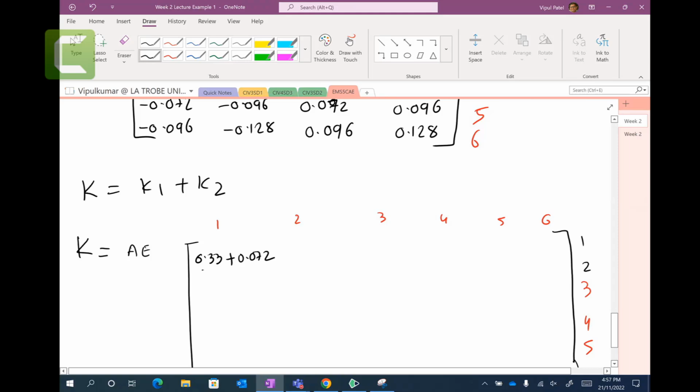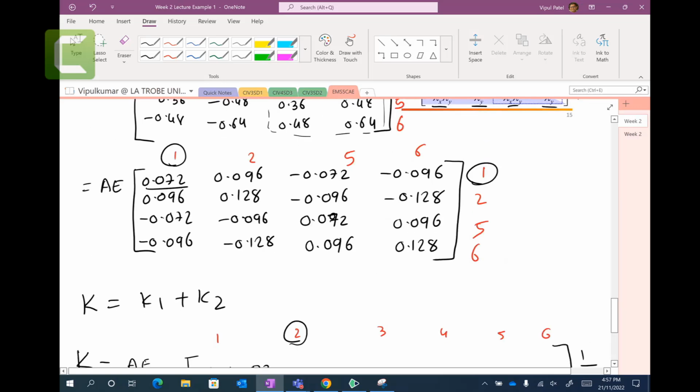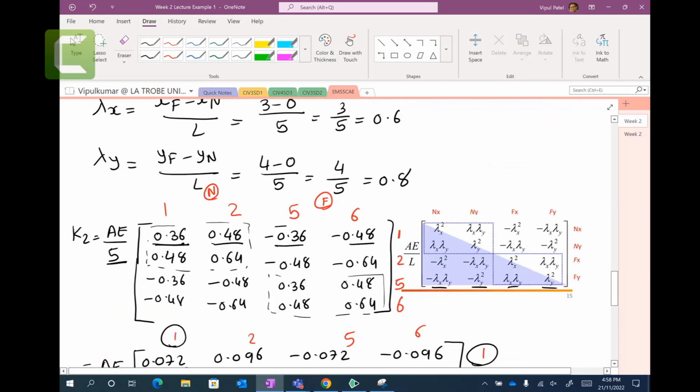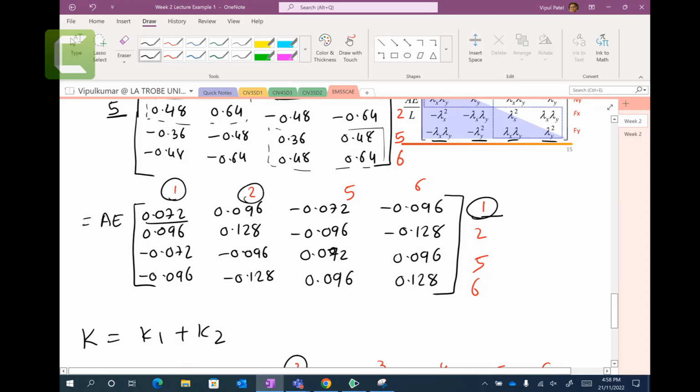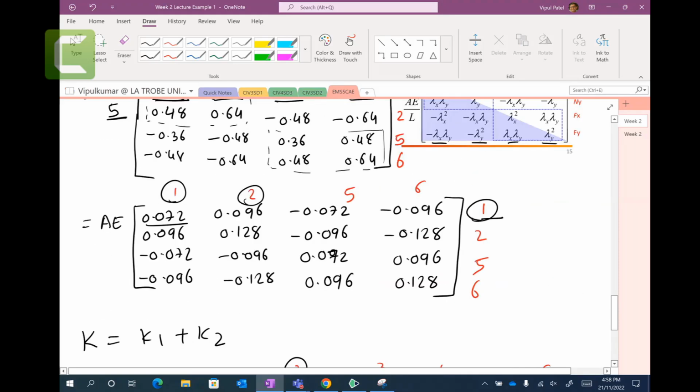You get 0.405. Column 2, row 1. First you go to K1, column 2, row 1, 0. So that is fine. Then column 2, row 1, 0.096. So 0.096.